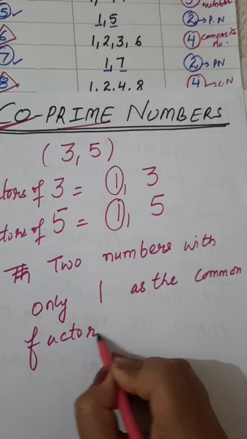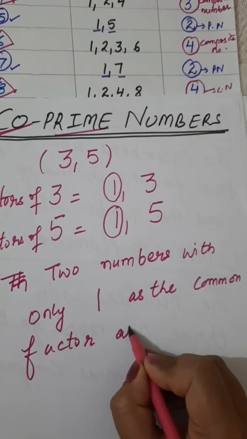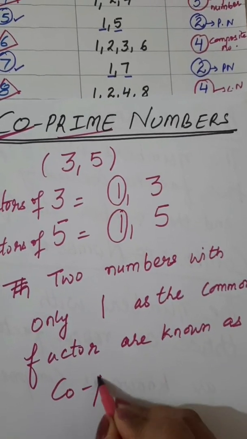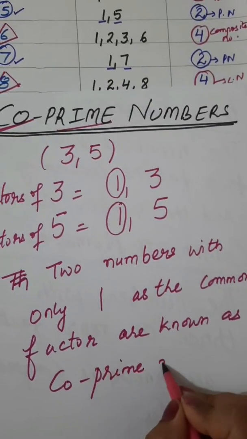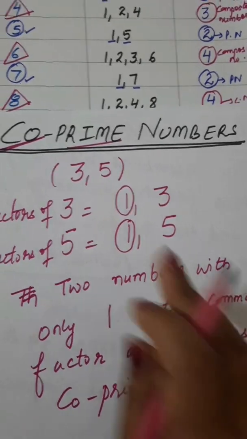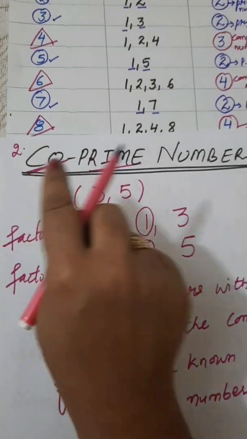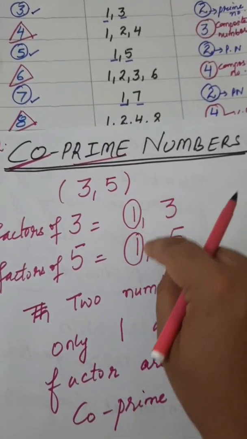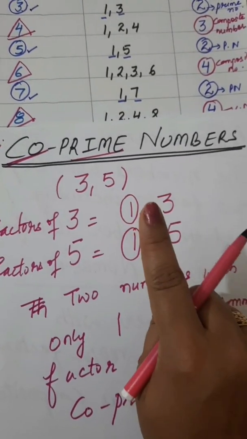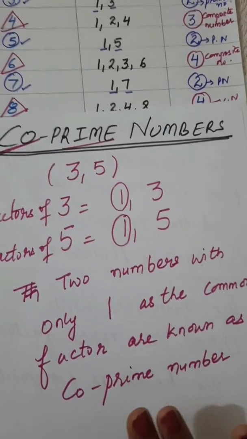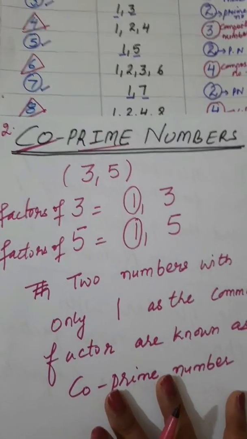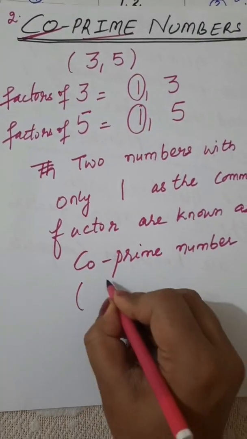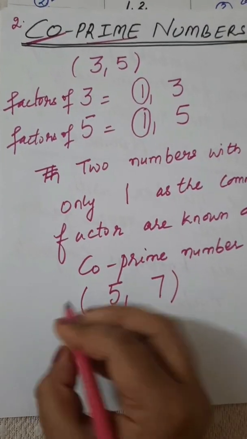The numbers with only 1 as the common factor are known as co-prime numbers. Here co means we have to take two numbers and both the numbers should be prime. If the common factor between these two numbers is 1, only 1 as a common factor, then these two numbers are co-prime numbers. Another example of co-prime numbers, suppose I have 5 and 7.